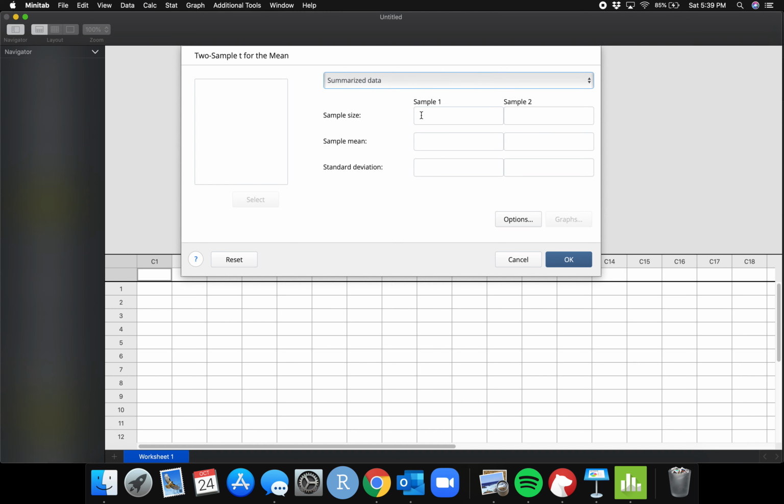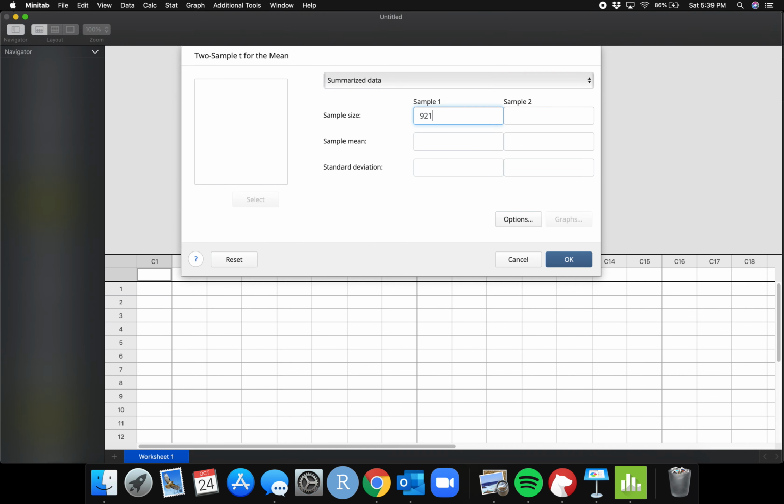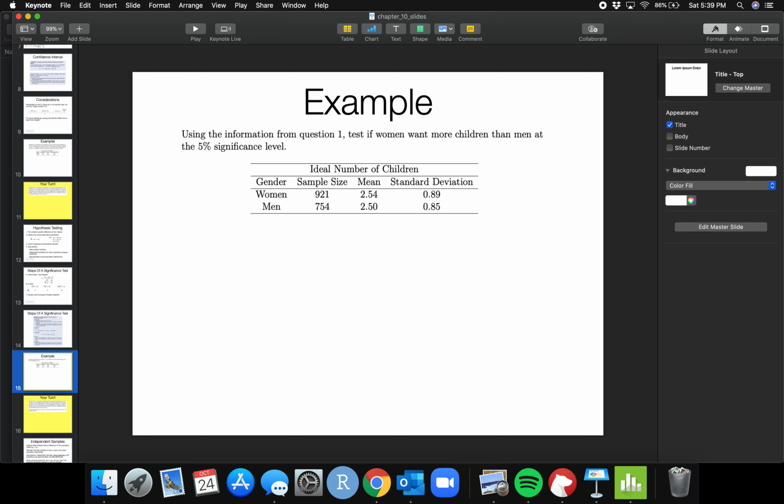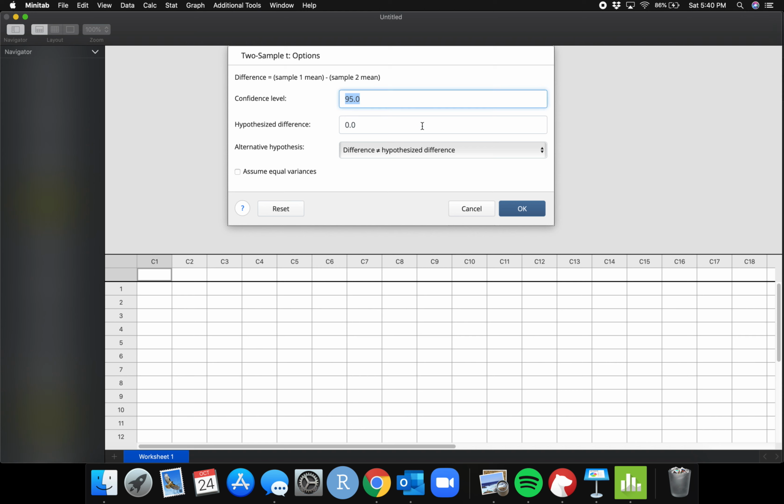We have summarized data: sample size for women is 921, for men 754. Means were 2.54 for women and 2.5 for men. Standard deviations were 0.89 for women and 0.85 for men.